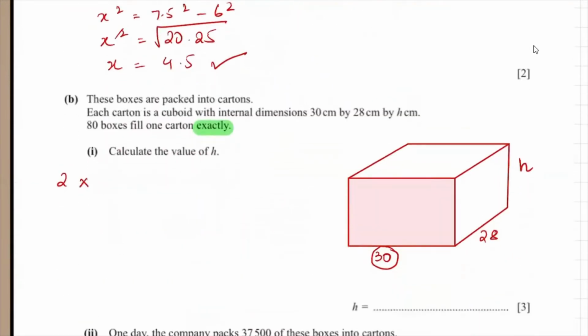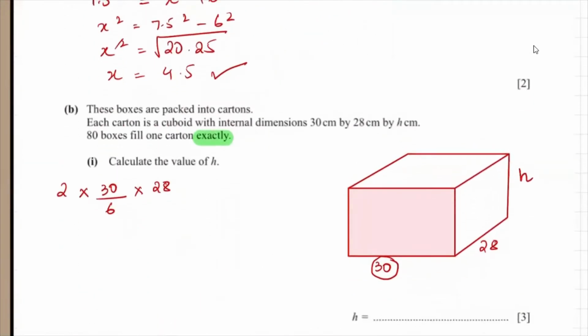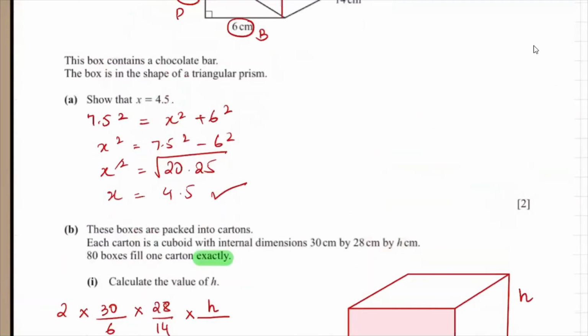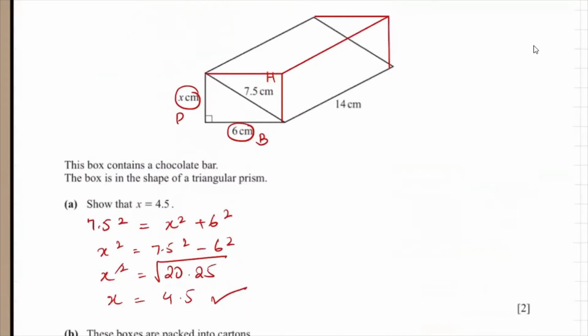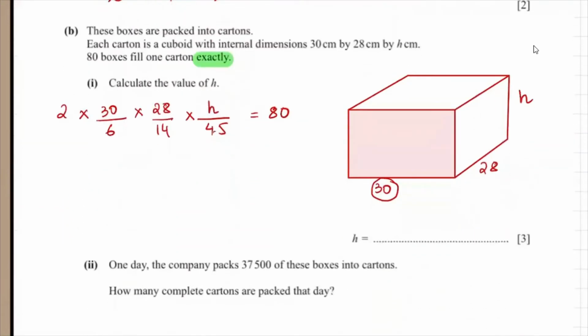So how many boxes would exactly fit in? 30 divided by 6, multiplied by the breadth, which is 28, and the breadth over here is 14, so I'm going to divide by 14 again. h is over here and then the height over here is x, which was 4.5 as we calculated earlier, so I'm going to divide it by 4.5. And they're saying that there are 80 boxes in all, so it equals 80.